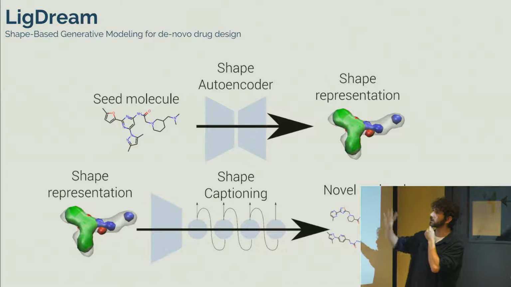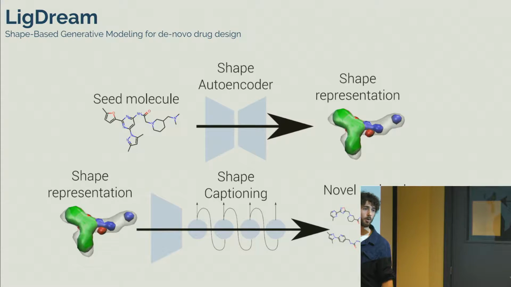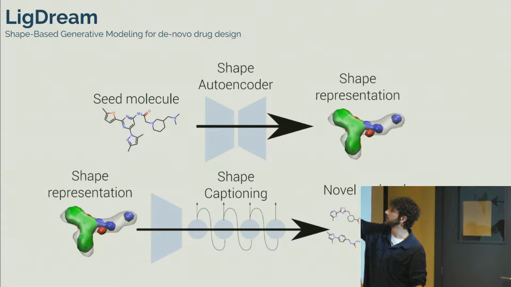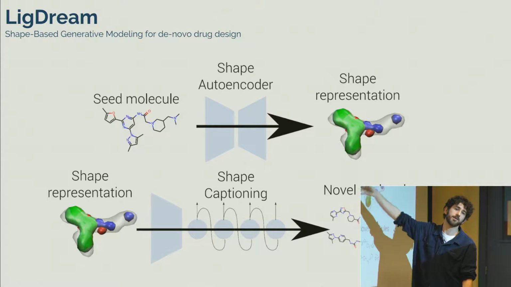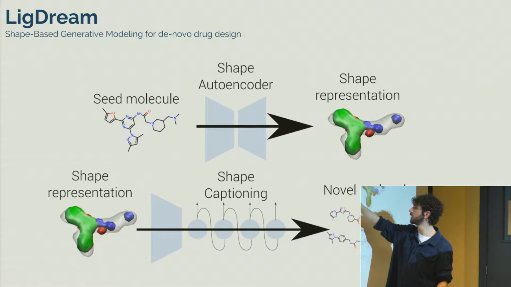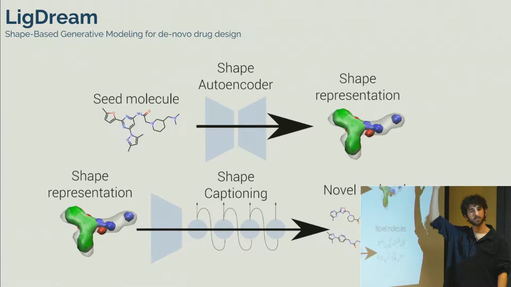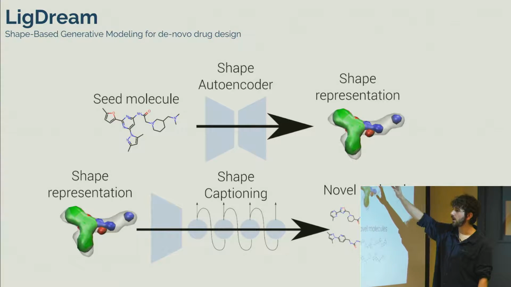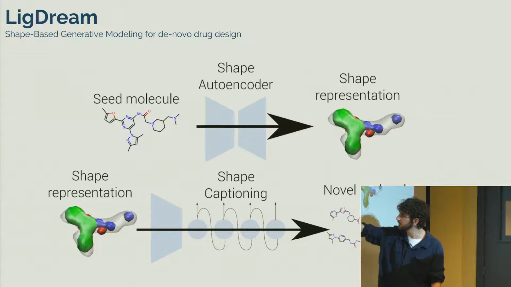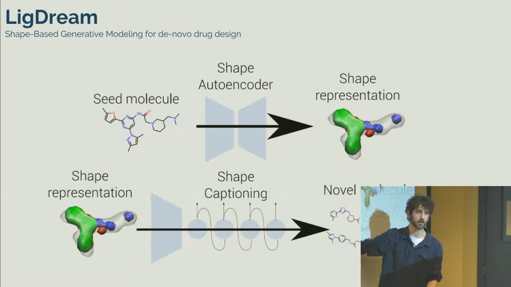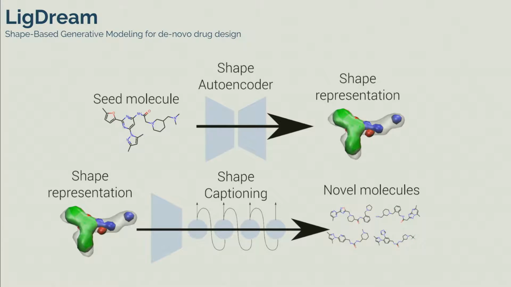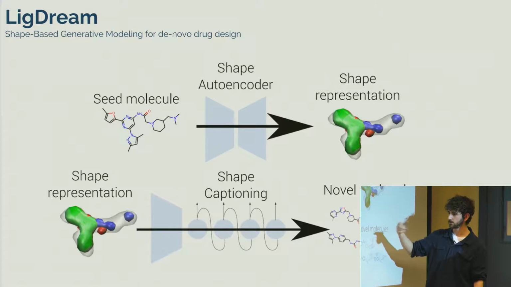The concept is that you give us a seed molecule, the starter molecule, and you use a shape autoencoder, which is based on convolutional neural networks, to make a shape representation similar to what we had with LeapBox. Then with this shape you use shape captioning, which later gives output molecules. This is the basic idea, and I'll show you next.